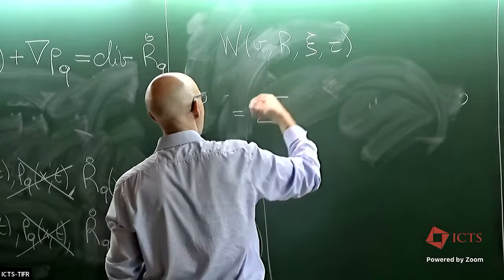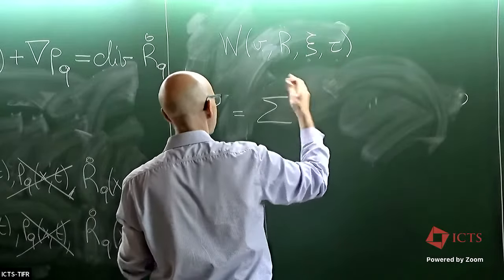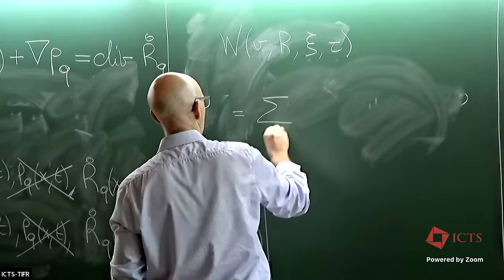So I expand in Fourier series in psi and tau, and it looks like the sum over k.